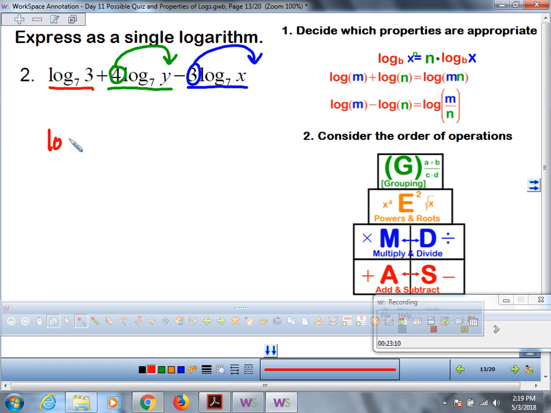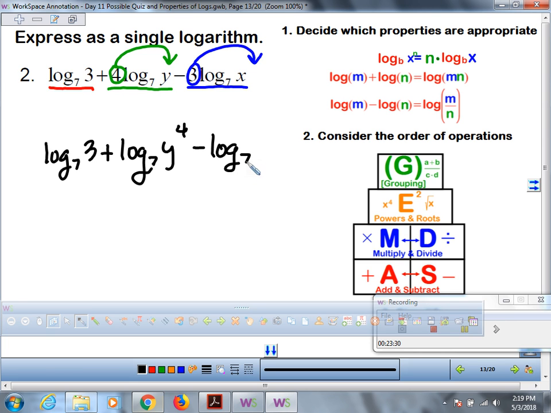So I'm going to rewrite it. I have log base 7 of 3, plus log base 7 of y to the 4th, minus log base 7 of x cubed. Now I'm going to work from left to right, just like you would in order of operations, right?